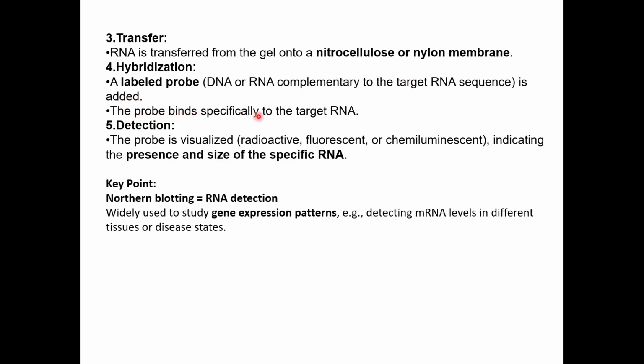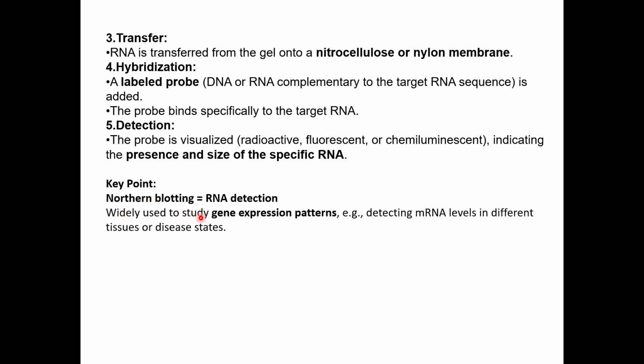And then the probe binds specifically to that particular target RNA because it's complementary, and then it is detected. So the probe used can be of different types for visualization. It can be radioactive probe, it can be fluorescent probe, or a chemiluminescent probe. So then when you expose it to UV or X-ray, then we can detect our target RNA, indicating the presence and also the size of the specific RNA.